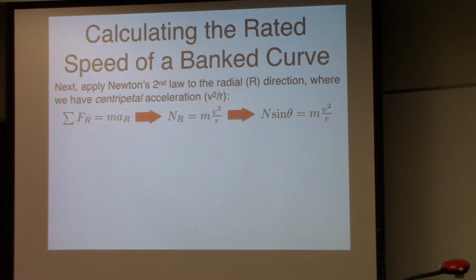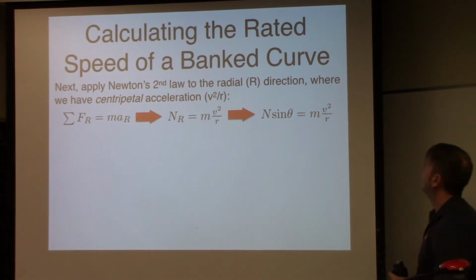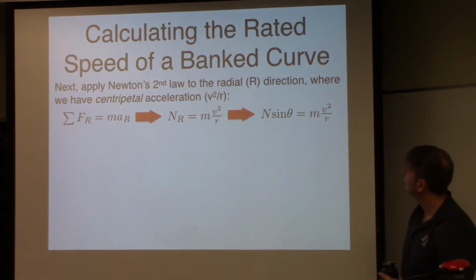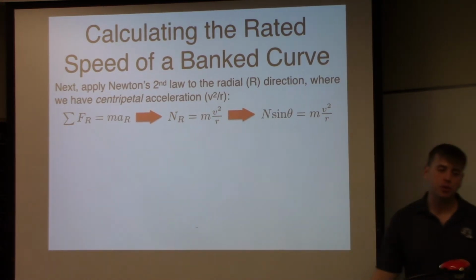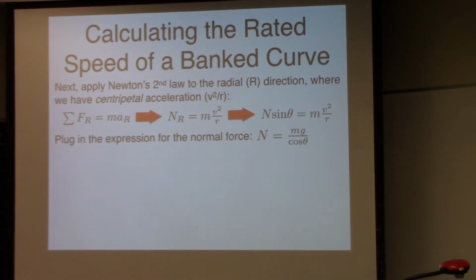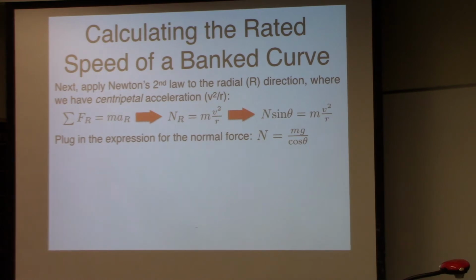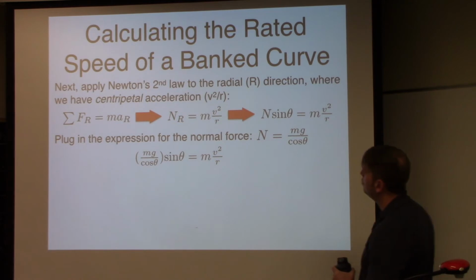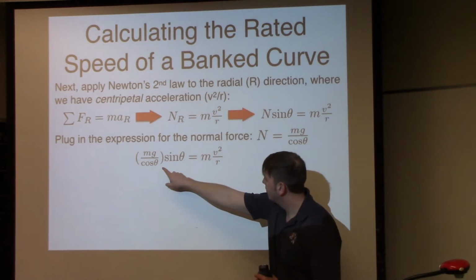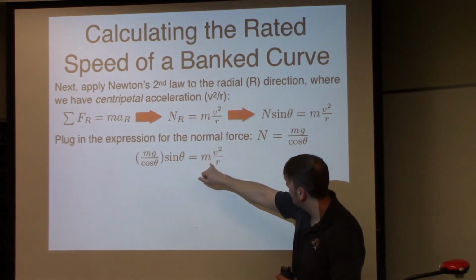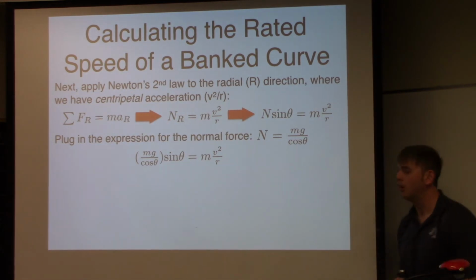So N sine theta equals m v squared over r. From before, we have an expression for the normal force, mg divided by cosine theta, which we plug in. So we have mg divided by cosine theta times sine theta equals m times v squared divided by r.